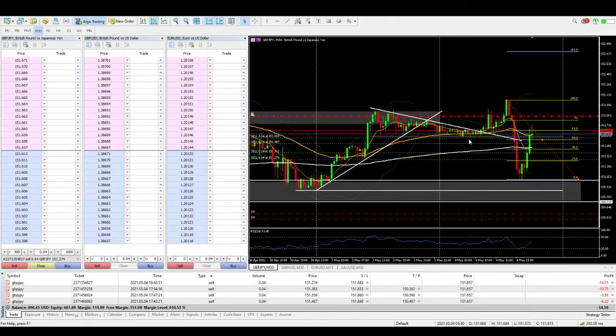I'm banking on this support level here. It's like a demand area. Let me just change the color of this rectangle so that we can see.